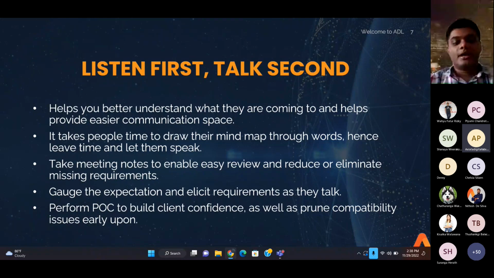Performing a POC is important. This would create client confidence and also prune or eliminate compatibility issues and mix and match issues, which would occur when solutions are built without POCs.